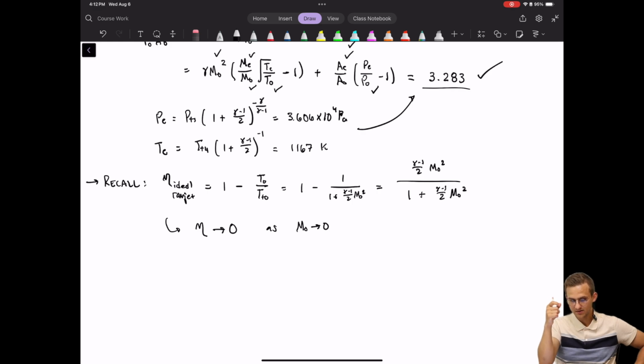The PT over PT star value doesn't change very much at all.